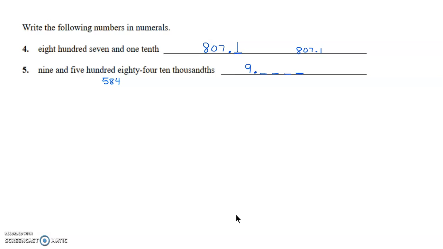So the 10,000ths is that fourth position, and I need to put the 584 to end there. So this means that I'm going to have to add a 0 in the tenths place. So to write that a little bit nicer, I'm going to have 9.0584, 9 and 584 10,000ths.